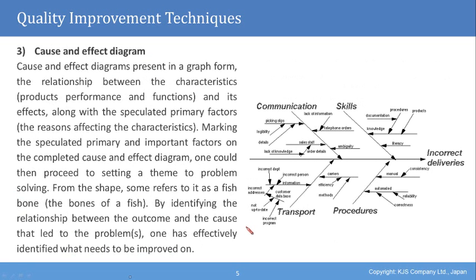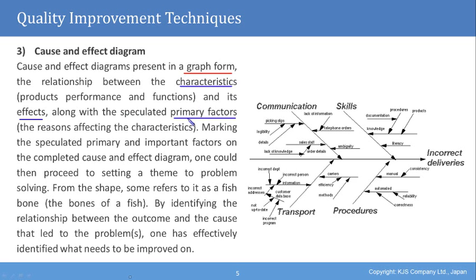The third category we had was the cause and effect diagram. Now these diagrams present in a graph form the relationship between the characteristics, so these are the product's performance and the functions, and its effects, along with the speculated primary factors.